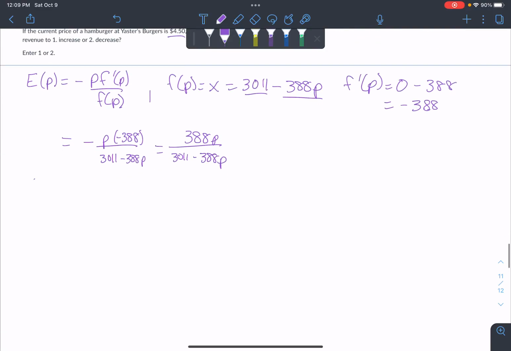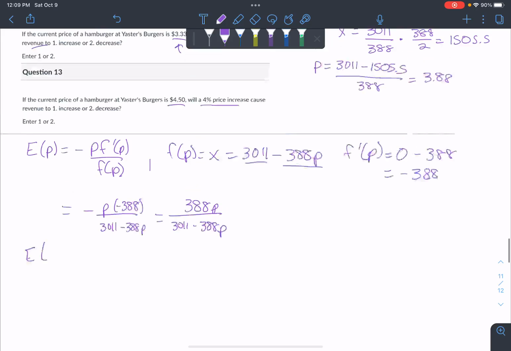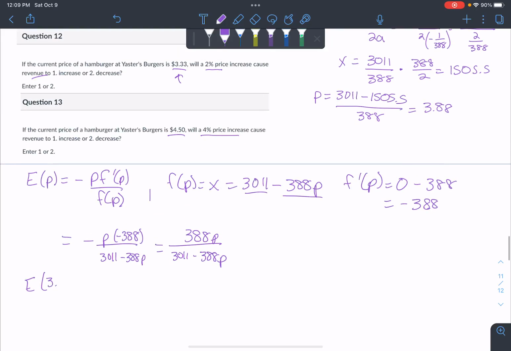So let's first find our elasticity of demand for the price 3.33. So we just plug in 3.33 into this function that we just found. So it will look something like this. And then you'll want to calculate it to see what number you get.